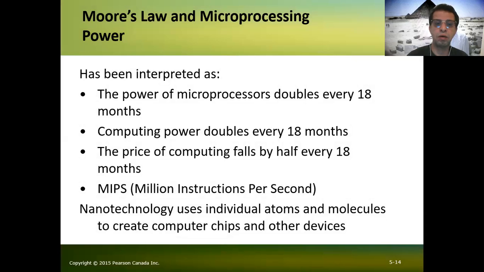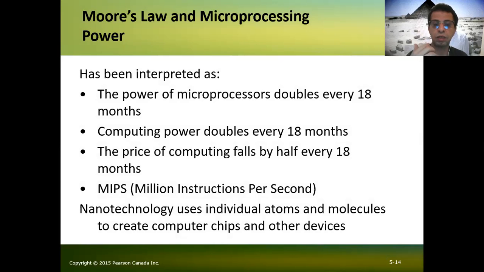Now, Moore's law and microprocessing power has been interpreted as the power of microprocessors usually doubling every 18 months. And that's pretty quick. Computing power also doubles every 18 months, and the price of computing falls by half every 18 months.